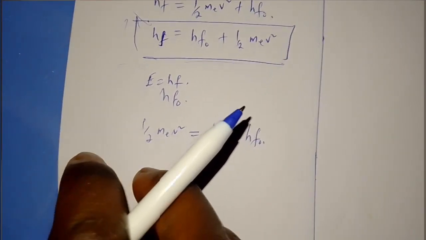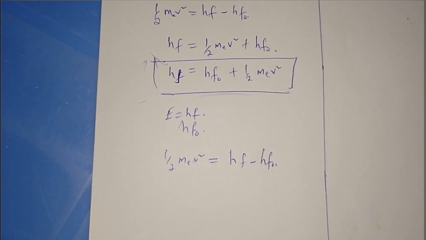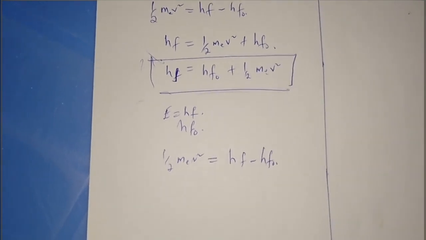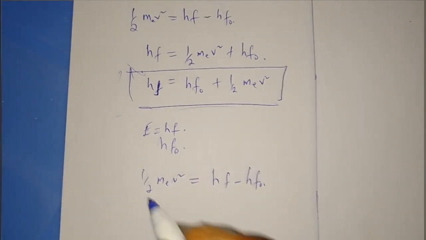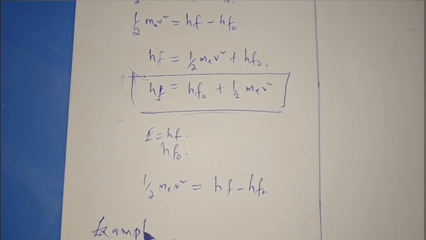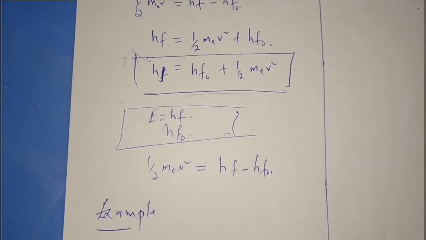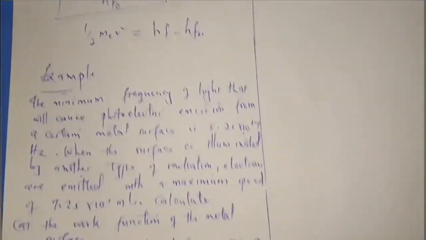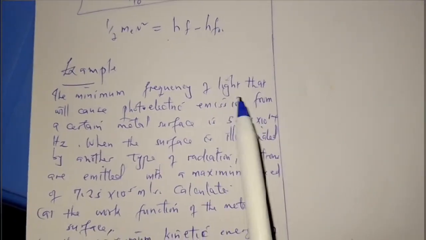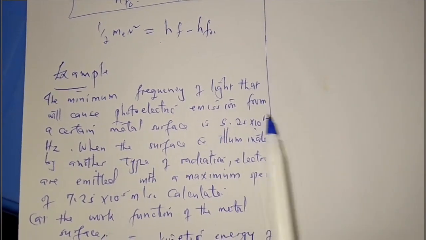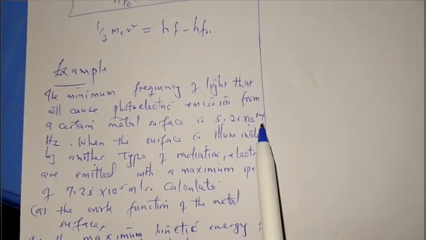So let's look at one example where we can use Einstein's equation in a numerical problem. Here's a problem that says the minimum frequency of light that will cause photoelectric emission from a certain metal surface is 5.25 times 10 raised to power 14 Hz.